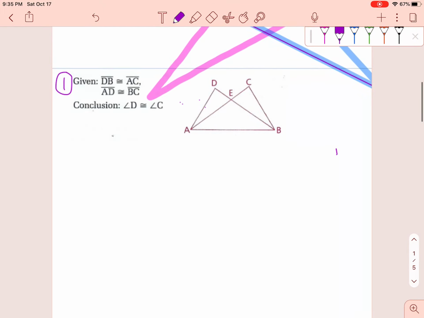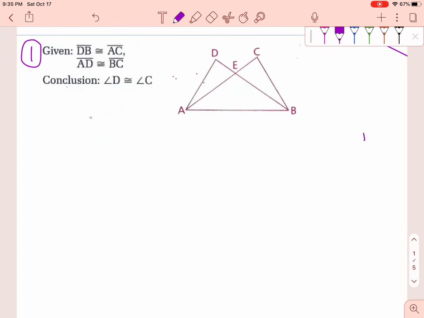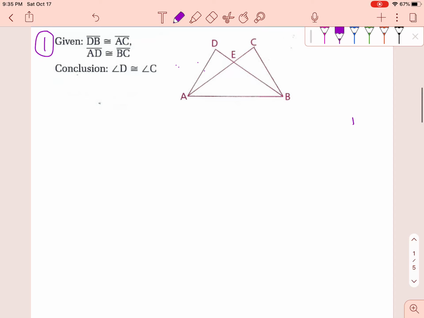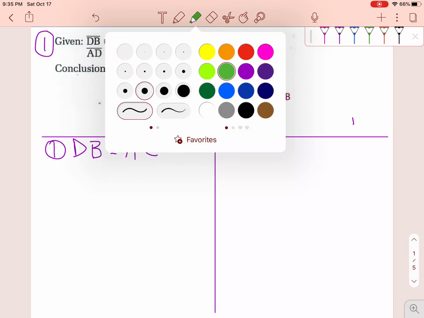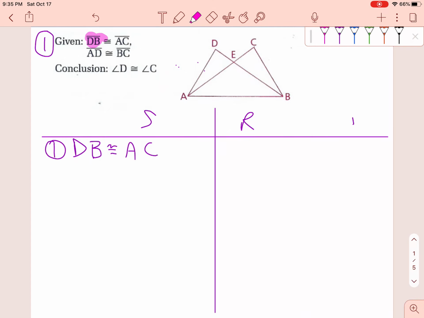I'm going to do one proof with you guys, and then we'll finish proof number 2 and 3 in class on Friday. So here we go. Let's give the information. They're telling me that DB is congruent to AC. I'm going to write that down. I'm also going to highlight that information and what that means for me.